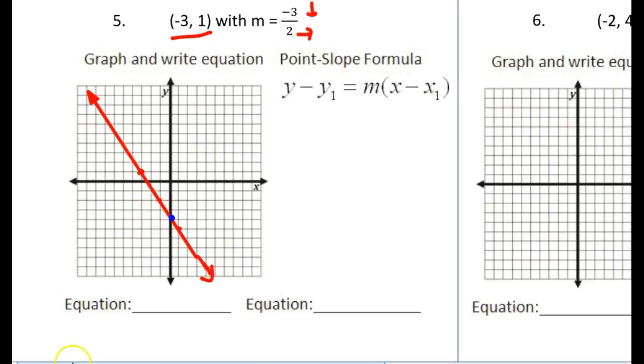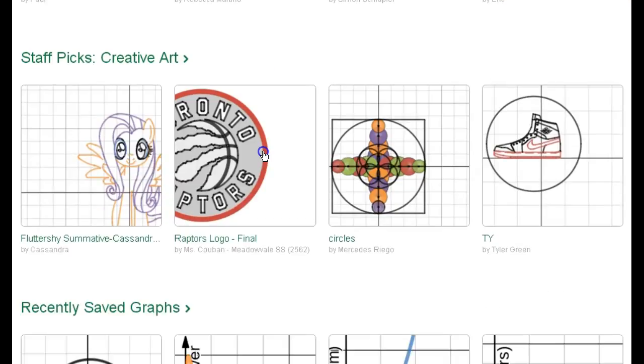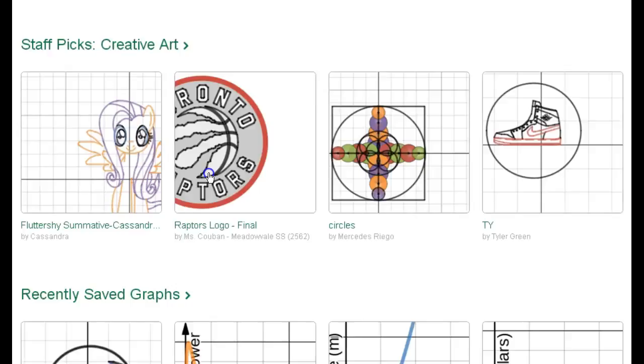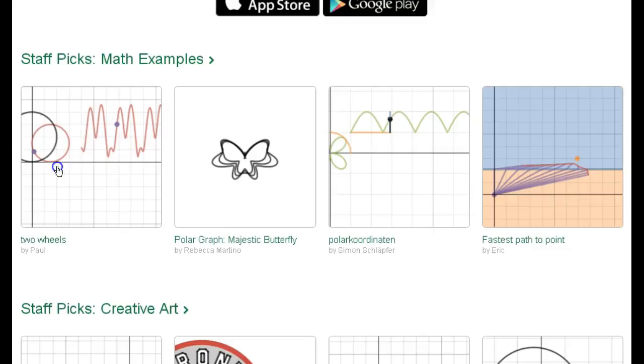Just to take a little segue here, why does the precision matter so much? So you're going to be doing a project on decimals. That's the art. Let me find a good one for the math examples.